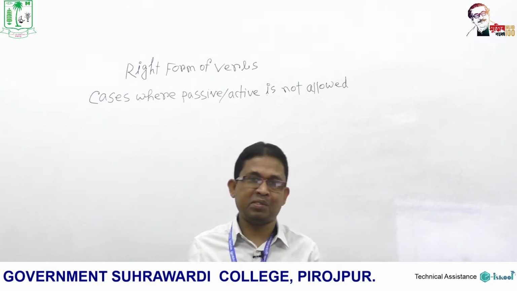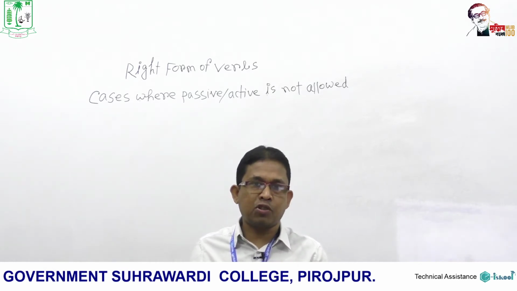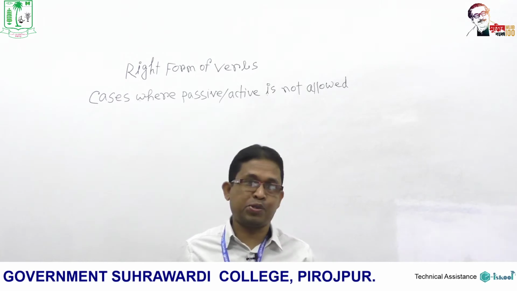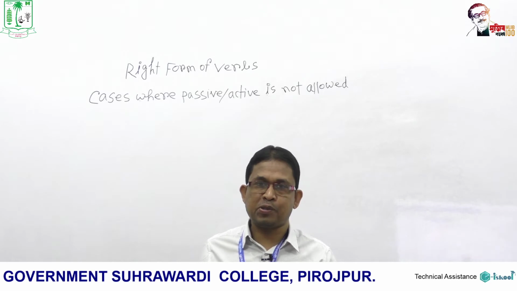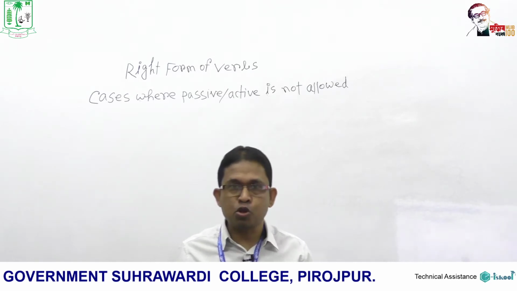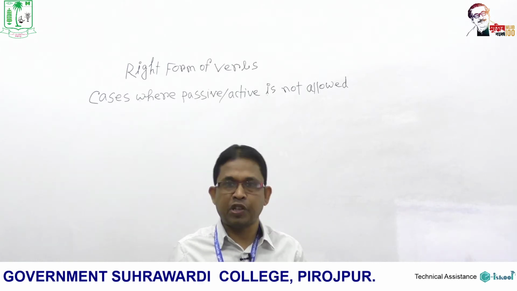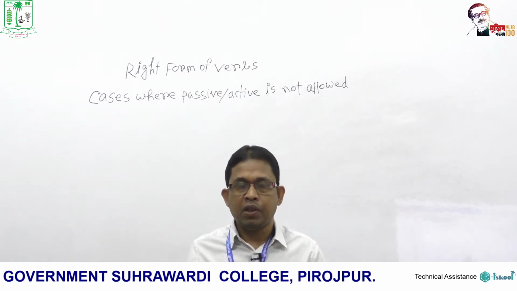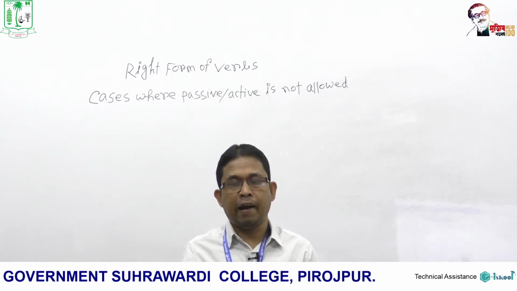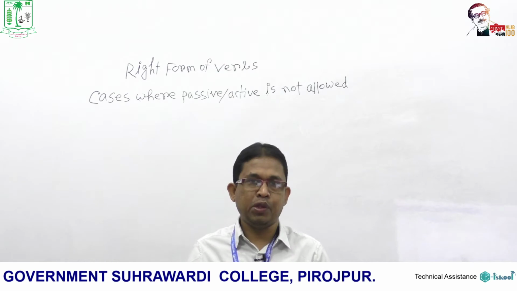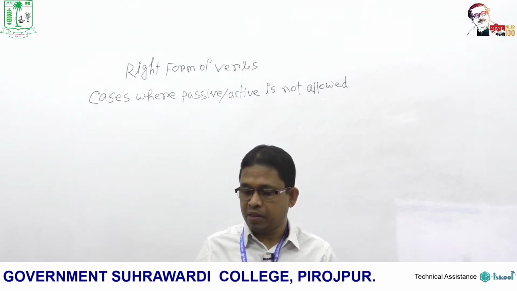Passive is not allowed there. And there are also some verbs which are to be used in active always. We should not use them in passive sentences. And today we will know about these things of grammar, and I will try to explain the whole thing through detailed examples.